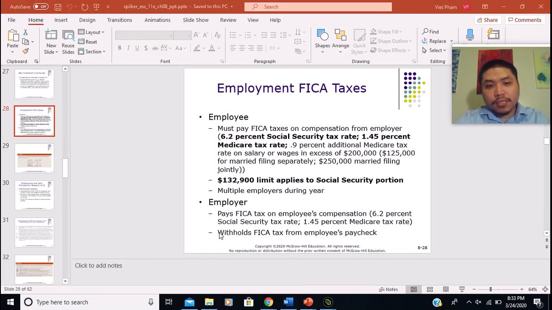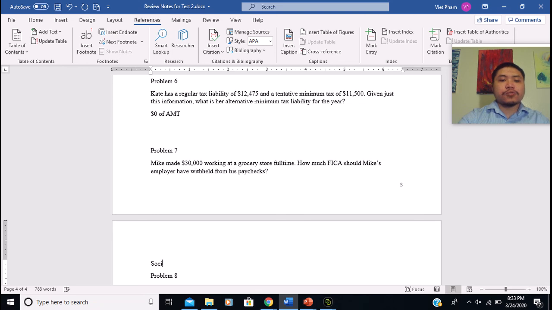First, let's calculate his Social Security tax. It's $30,000 times 6.2%. So $30,000 times 0.062.